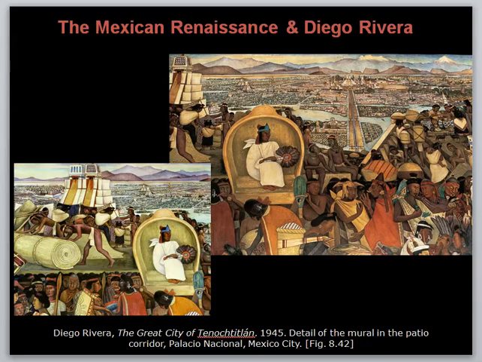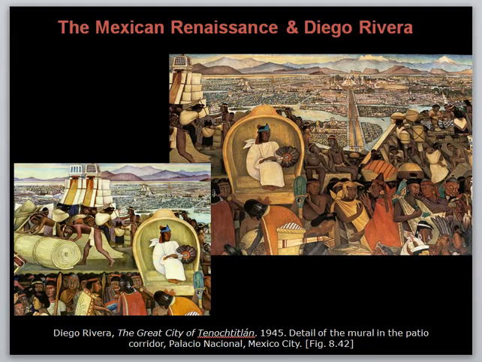Okay, this is one sample from Mexico City, one of Diego's mural paintings, a detail only of Diego's mural painting. It is in O'Reilly, figure 8.42. It shows an Aztec ruler seated right here, or perhaps over here.